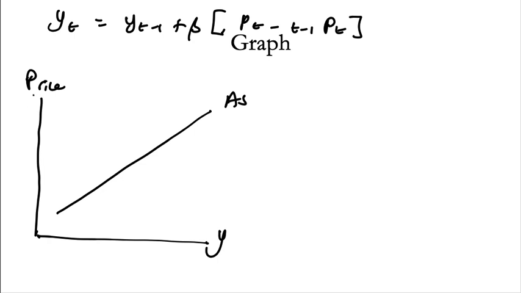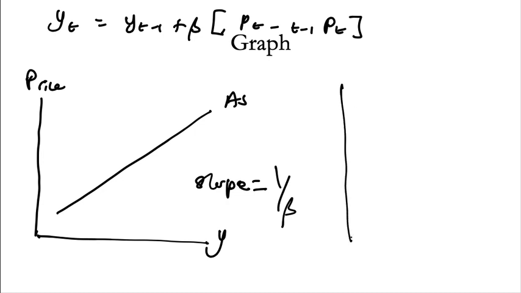Because you put price on the vertical axis and y on the horizontal axis, well, usually in mathematics we put y on the vertical axis. Why? Because price is the factor and the impact is on output, isn't it? Therefore, the slope here for this AS is equal to 1 over beta.